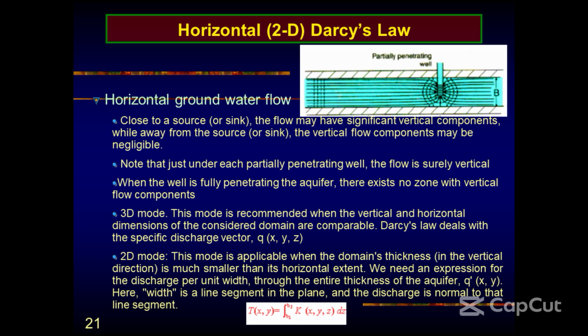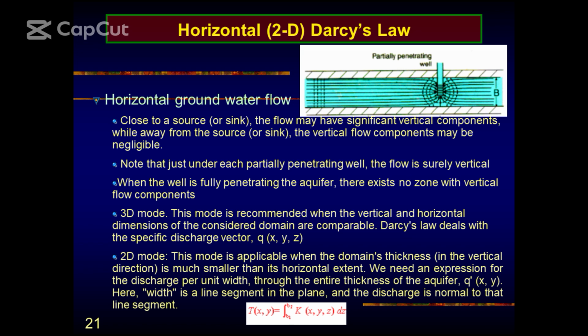What about if we have a fully penetrating well? What? The flow is lateral. Horizontal, because lateral is something else, isn't it? The flow will be purely horizontal, because if you have a fully penetrating well, meaning it penetrates to the bottom, it will just be horizontal. Okay, in that case.